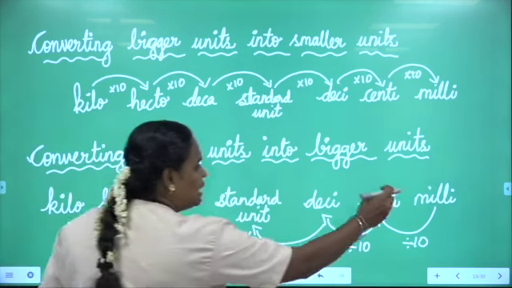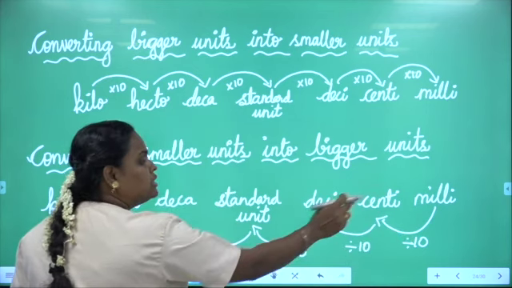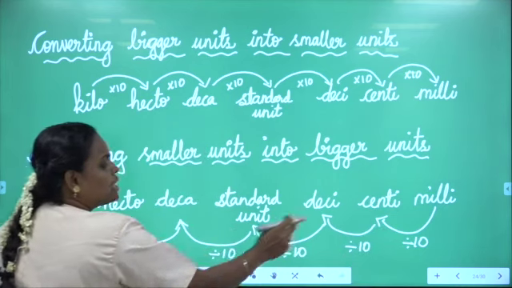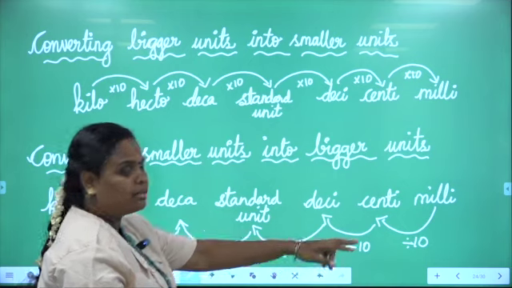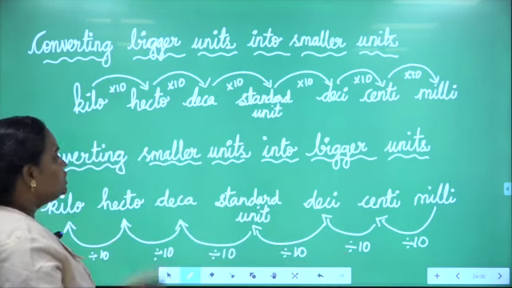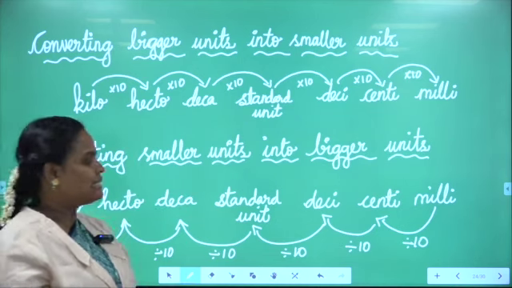Milli to centi you have to divide by 10, milli to deci means you have to divide by 100, milli to standard unit means you have to divide by 1000. If 2 times means 100, 3 times means 1000. So we are going to apply this in the exercise.